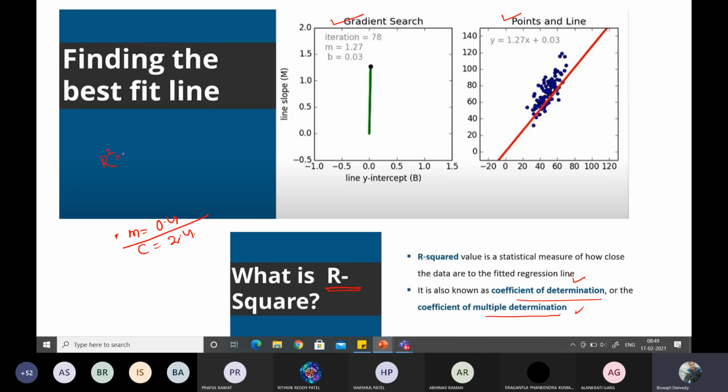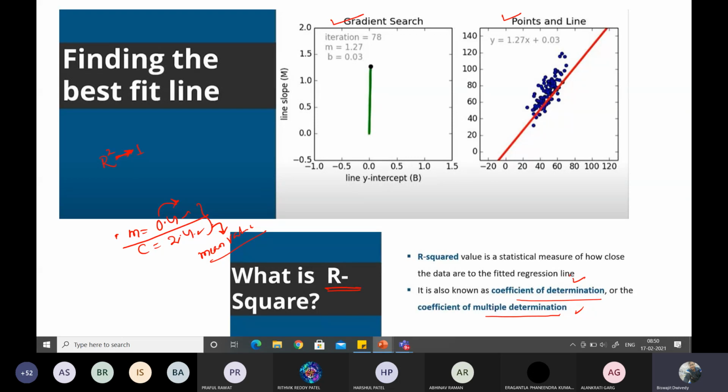So what happens for improving this R square value, or to reduce this error, for making this R square close to 1? What we can do is choose different values of m, instead of taking 0.4, because 0.4 and c equal to 2.4 have been derived from your mean values. We have just found the mean value of your training samples, and from that we have found your m and c values, but those are not the final values.